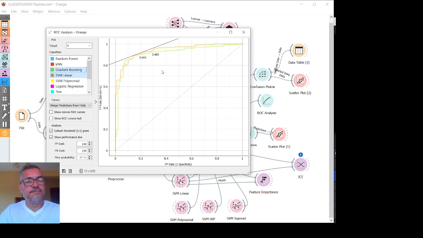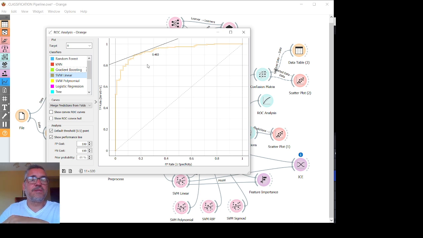The numbers that you see here are the actual thresholds used for classification between the two classes. So for the support vector machines linear model, the threshold is 0.483.